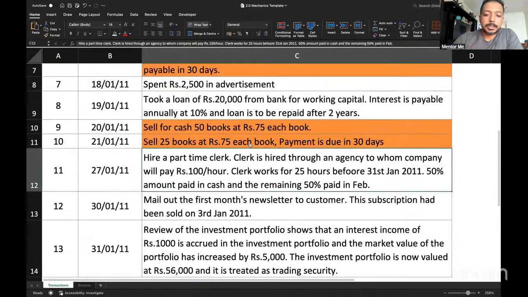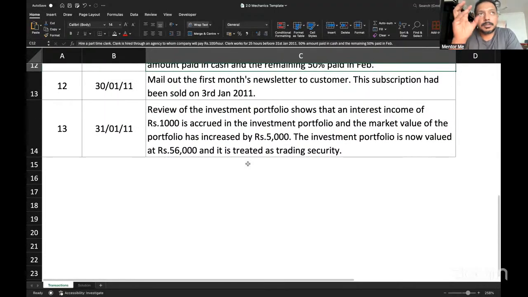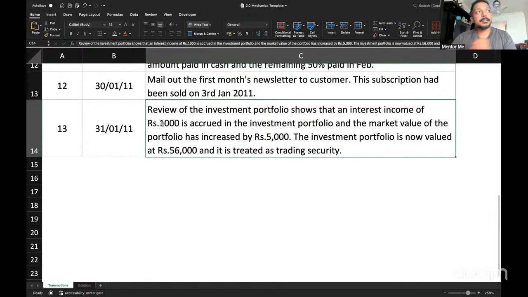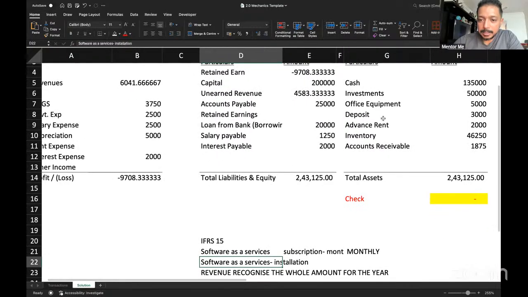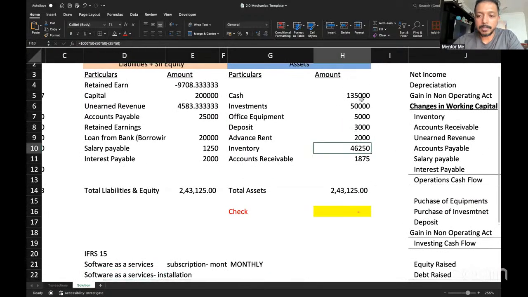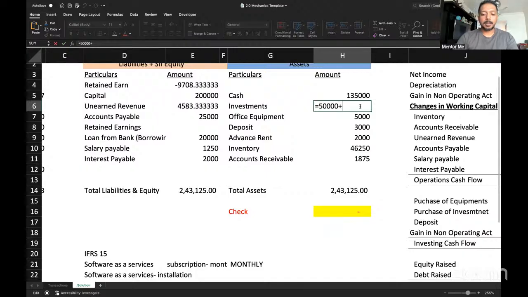So the equity part of it has increased by 5,000. But the bond part of it has given you an interest income of 1,000. So in both cases, we can increase the value of the investments to 56,000.